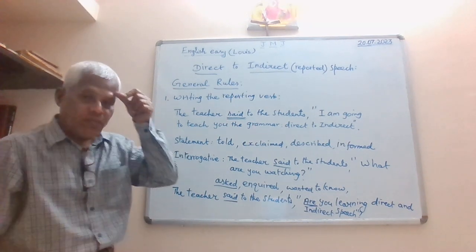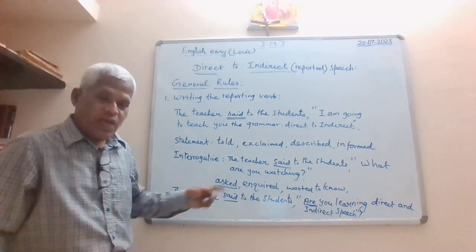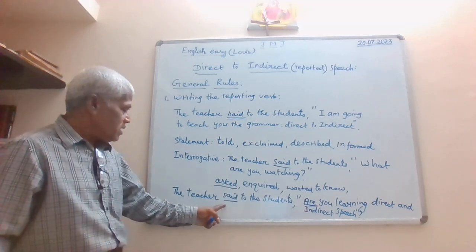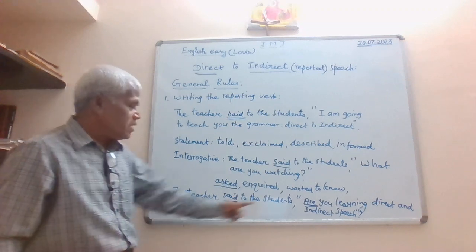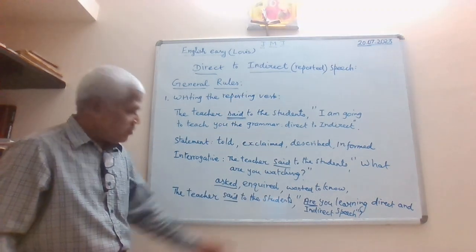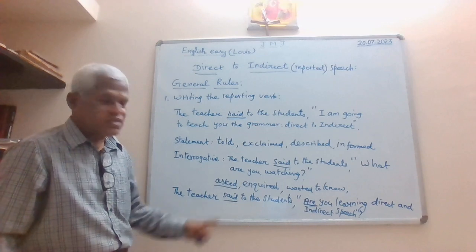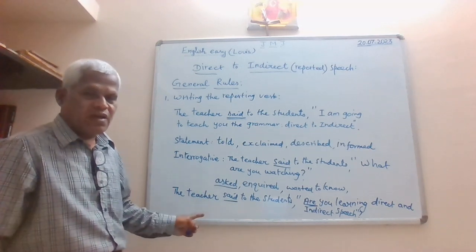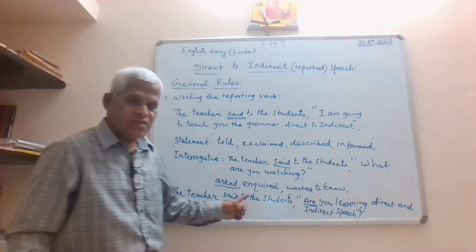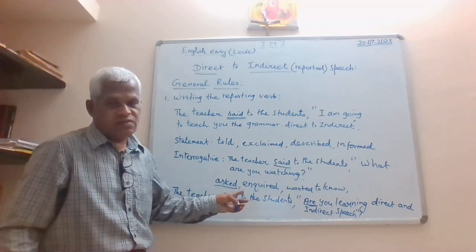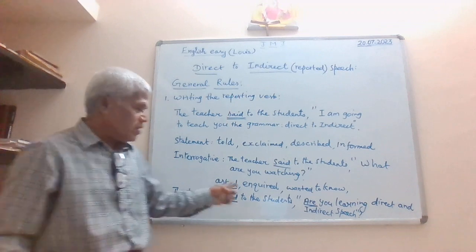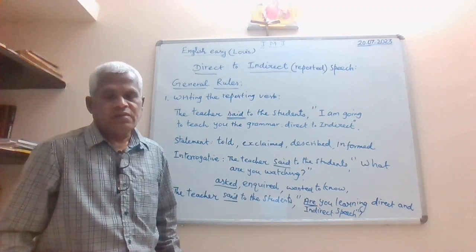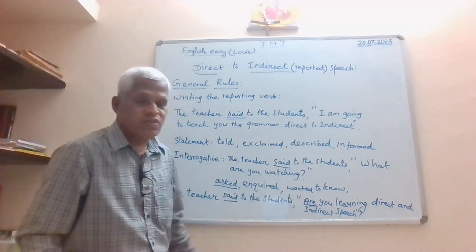To change this kind of sentence from direct to indirect, instead of saying teacher said to the students, you can simply say teacher asked. Similarly, you can say teacher inquired, or wanted to know. So all these words can be used here.